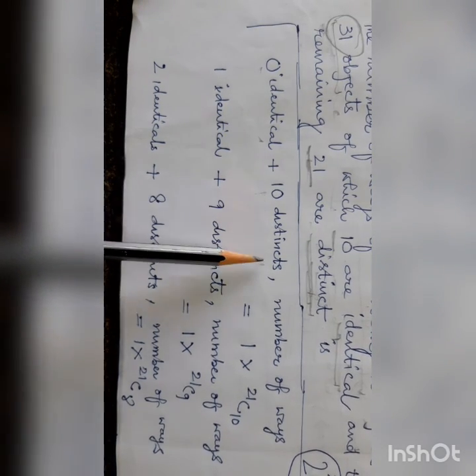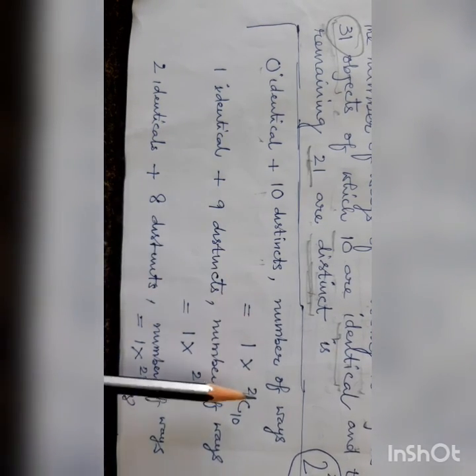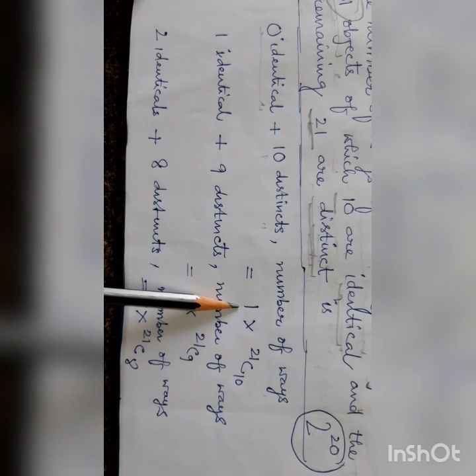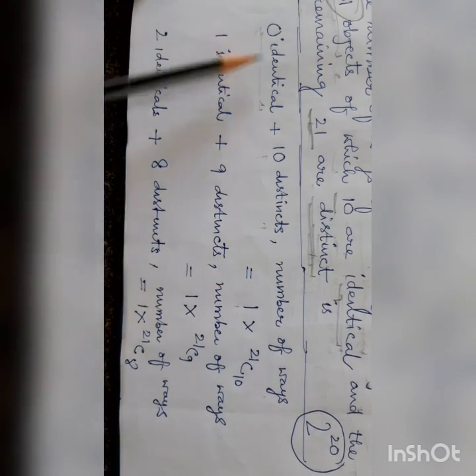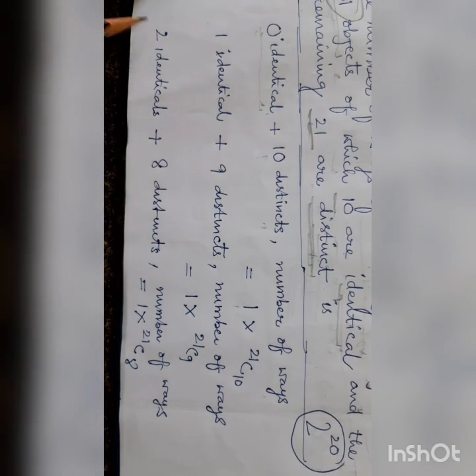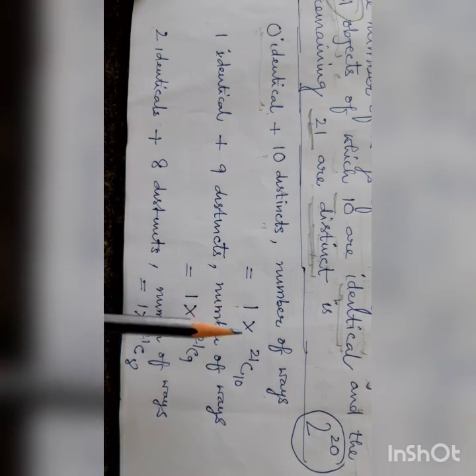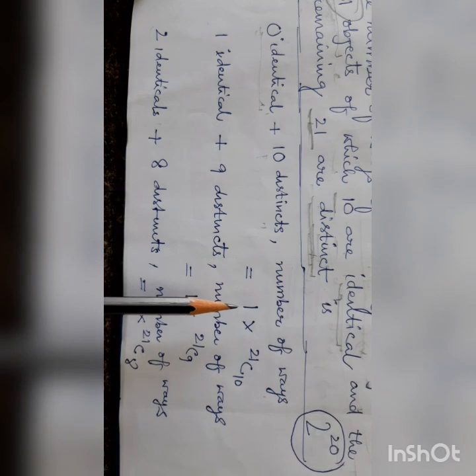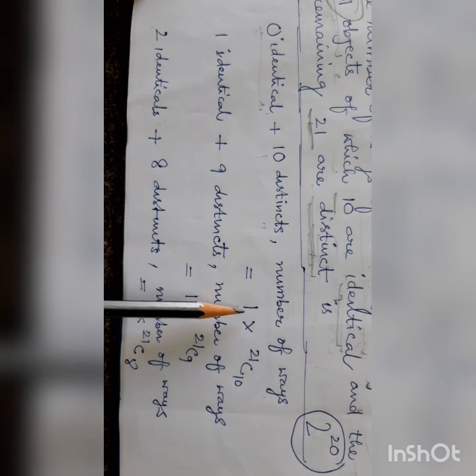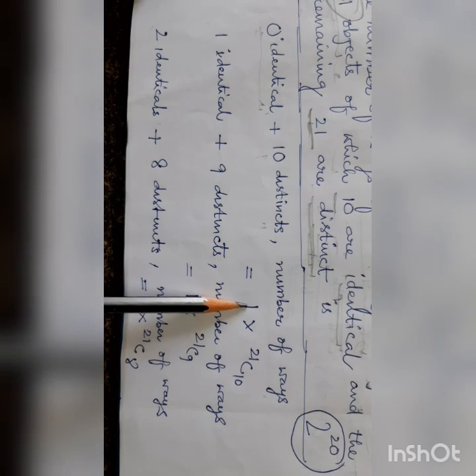Then the number of ways for identical: 0 identical or 1 identical or 2 identical, it is 1 way only, because all objects are identical, so we can choose in 1 way only.